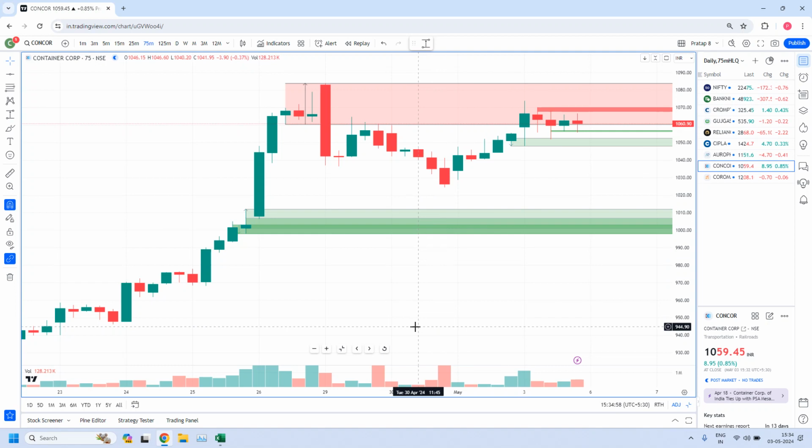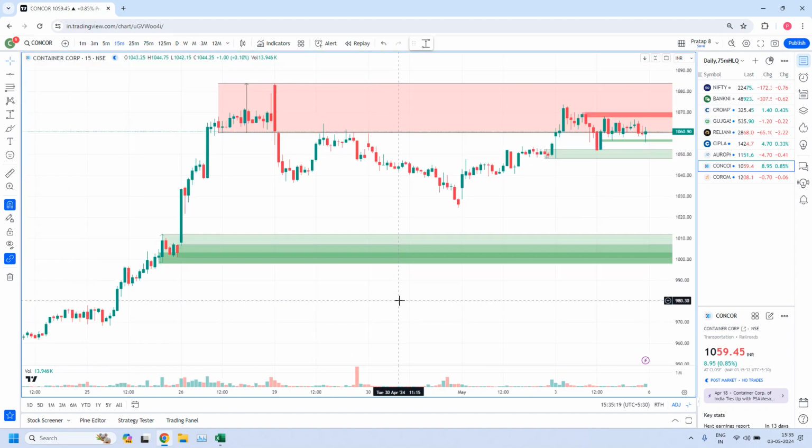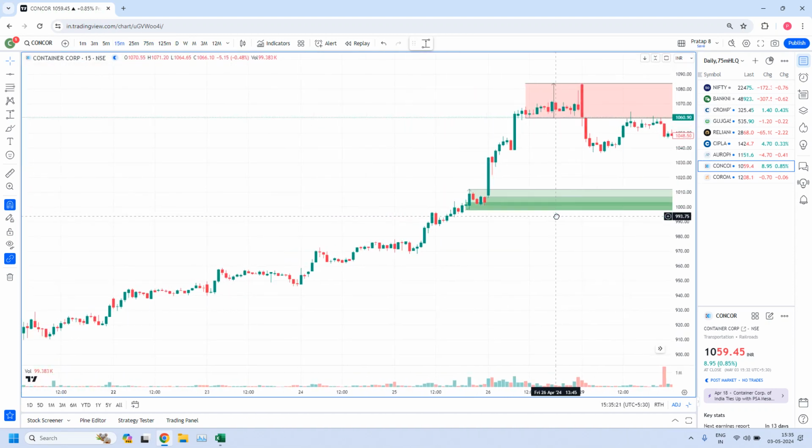So first let us look into this Conquer. This is a 75 minutes high liquidity supply zone. We have a rally, 3 base candles and a drop candle. When you want to fine-tune this zone, we have to get into the 15 minutes time frame.